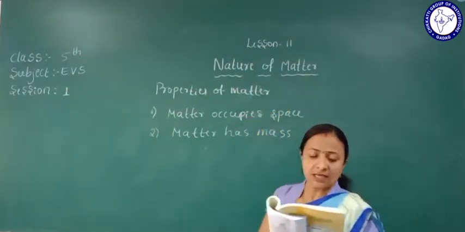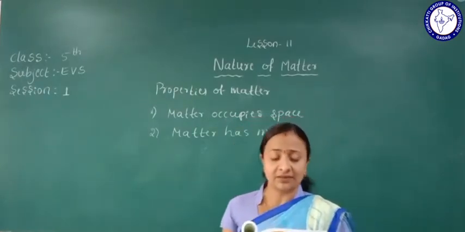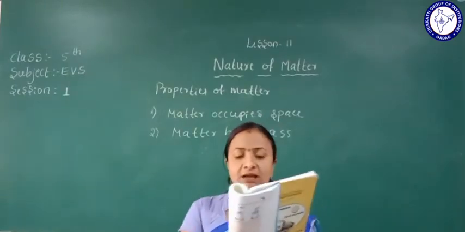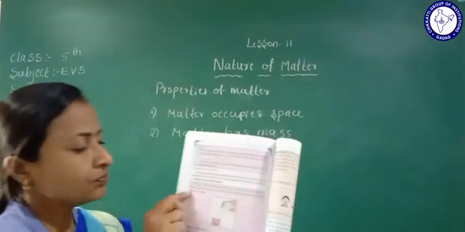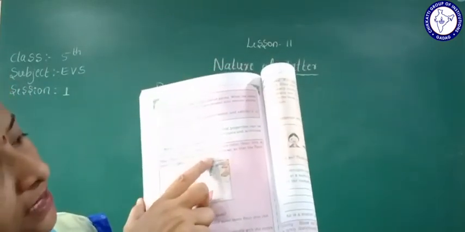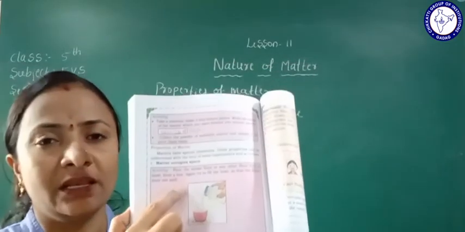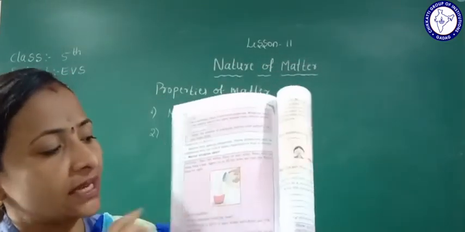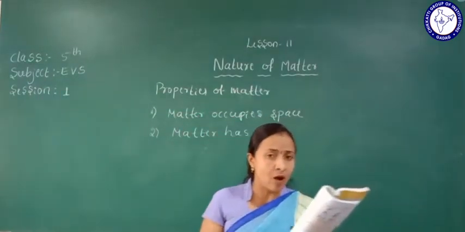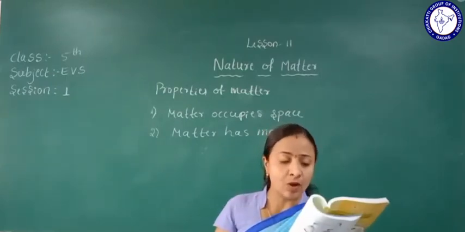Clearly we can understand the first property of matter, that matter occupies space. One activity is given here as an example. Pour wheat flour or any other flour into a bowl from a box. Again try to fill the bowl so that the flour does not spill. What it means is, take one bowl and pour the wheat flour into that bowl.